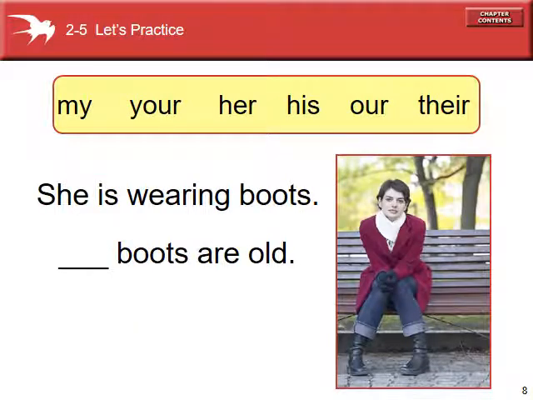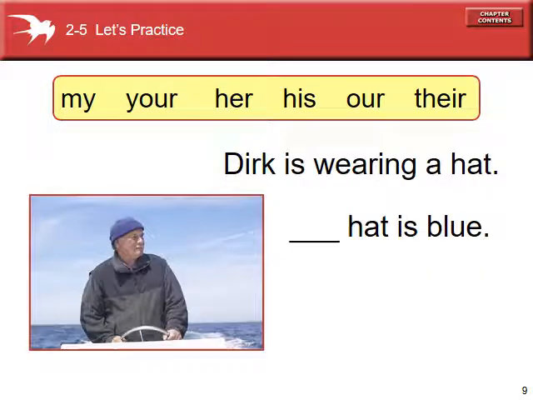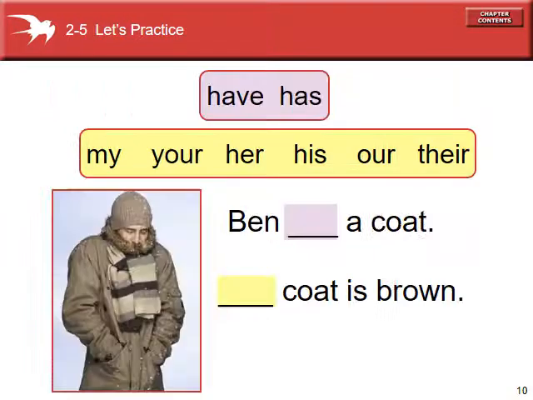Moving along, we say she is wearing boots. So again, this is a female and this is singular. So it will be her boots are old. Dirk is wearing a hat. And if we look here at the picture, we can see Dirk is a man. So it's going to be his hat is blue.